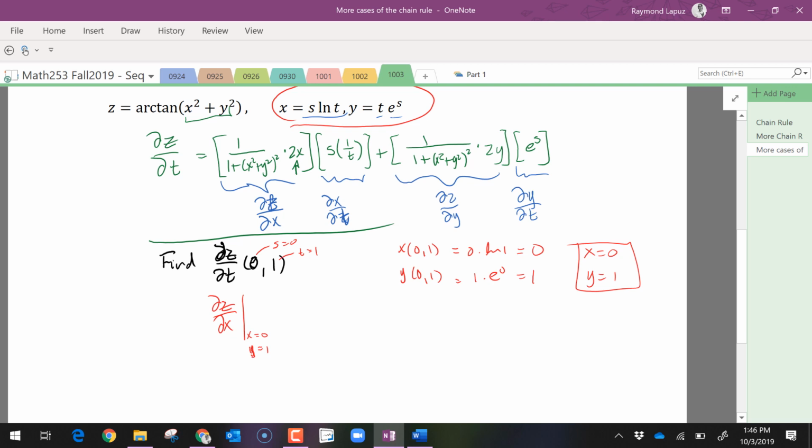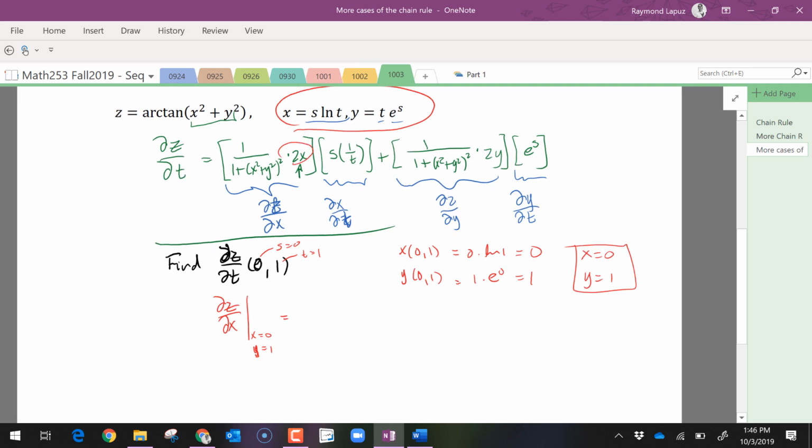So this is the case where you don't have to put everything in terms of s and t anymore, because you're figuring it out along the way. I'm going to put the 2x in the numerator, and then the 1 plus x squared plus y squared, squared, in the denominator. So that's the derivative, I just rewrote it. I'll put 0 in for x, and it doesn't matter what the rest is, because that's just going to be 0 anyways.